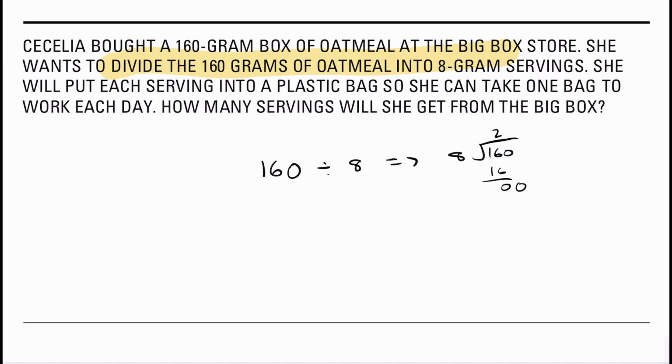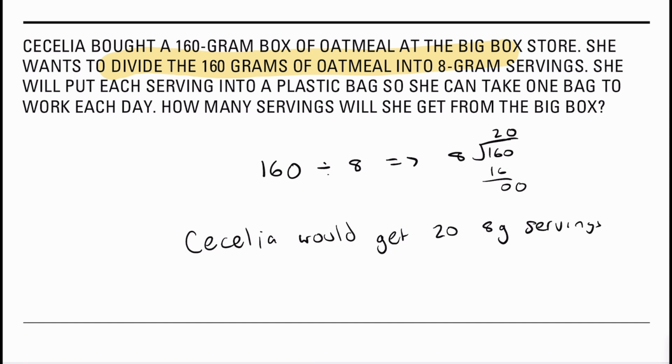The quotient, therefore, is 20. So 8 times 20 is equal to 160. And so we could say that Cecilia would get 20 8-gram servings of oatmeal out of a 160-gram box.